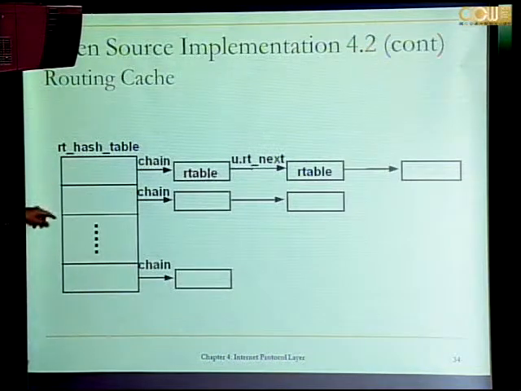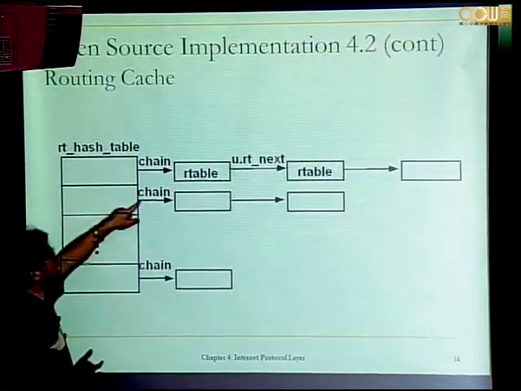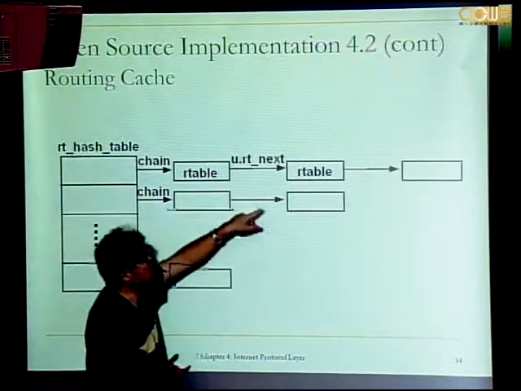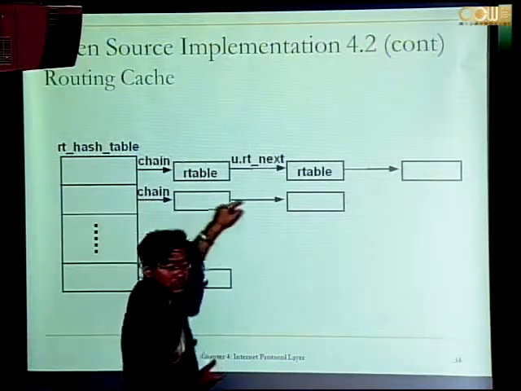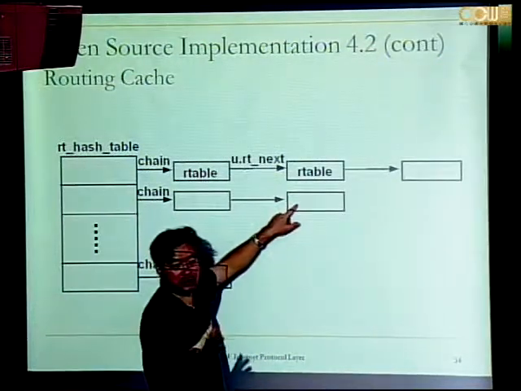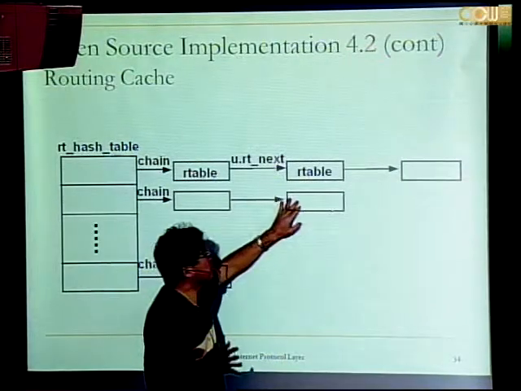If I index into this entry, then I do matching to see if I match any of these entries. So I do a sequential match. If here I match, then it's done. I find it.